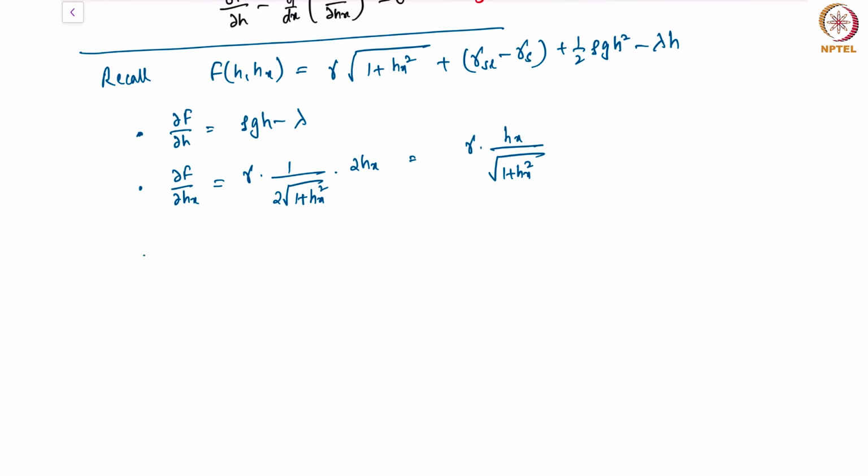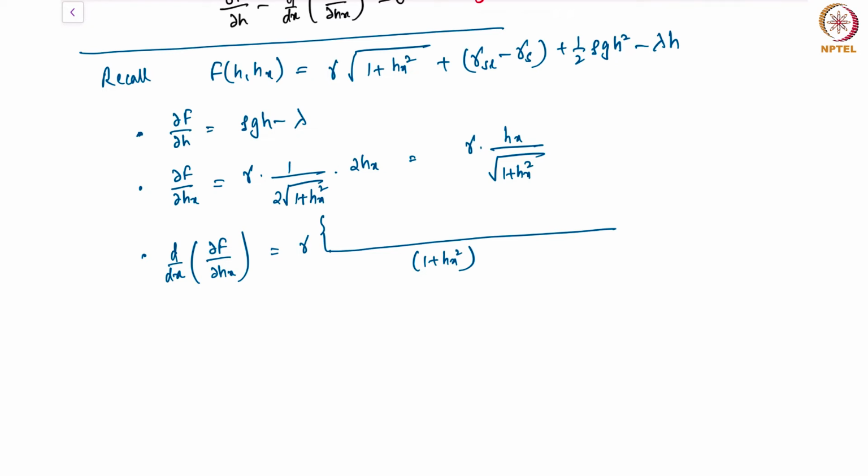Okay. And finally, in the Euler Lagrange equation, we need the x derivative of this quantity, d by dx of del f by del hx. And we have 1 plus hx square. Let me quickly do this.